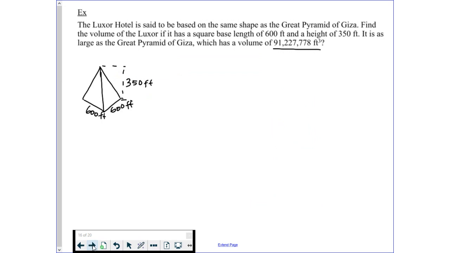That's basically what we are doing. If you have a calculator, multiply that. The area of the base B is 600 by 600 square feet.